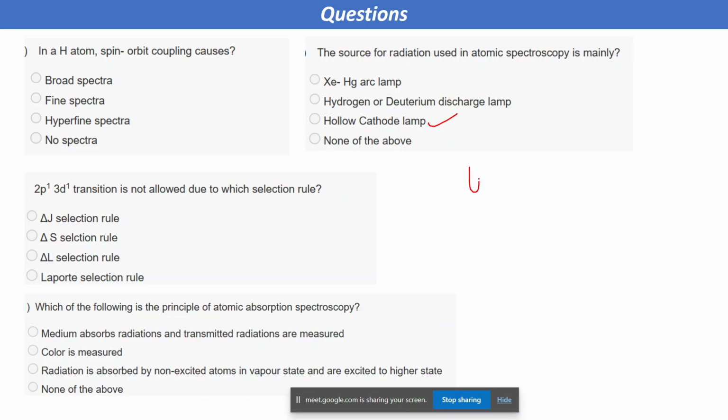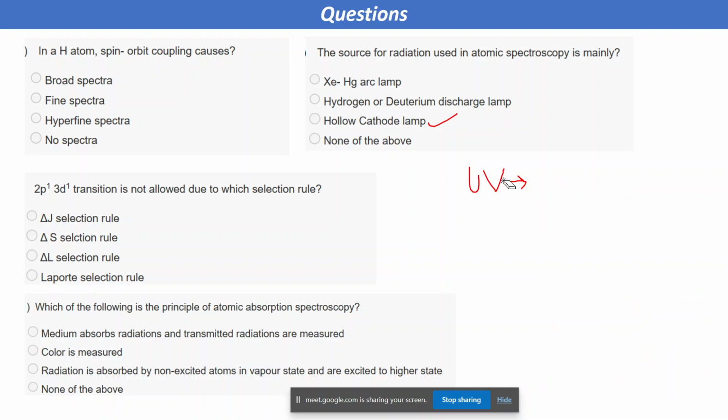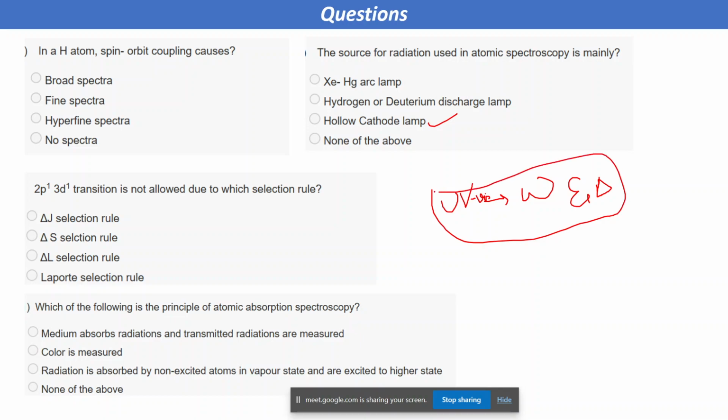If I ask which lamps we use for UV-visible spectroscopy, hydrogen, deuterium, and tungsten for the visible range, and deuterium. So these two are the lamps generally used in the case of UV-visible, tungsten and deuterium. Now they were asking about atomic spectroscopy, so it is the hollow cathode lamp.